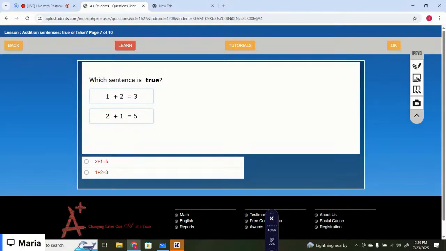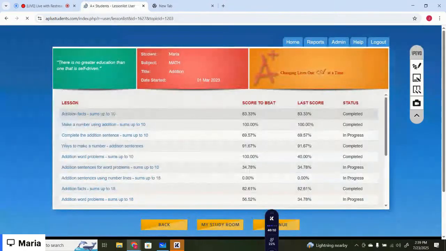Which sentence is true? 1 plus 2 equals 3, or 2 plus 1 equals 5? Option number 2 is the correct option. 1 plus 2 equals 3. Okay, you can complete the lesson by yourself later today.